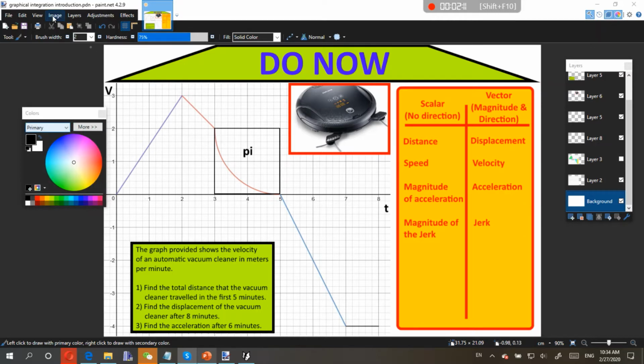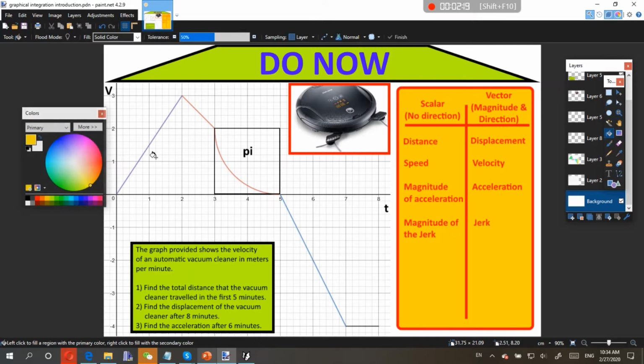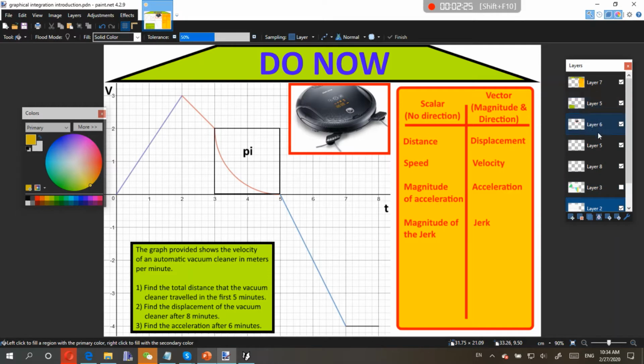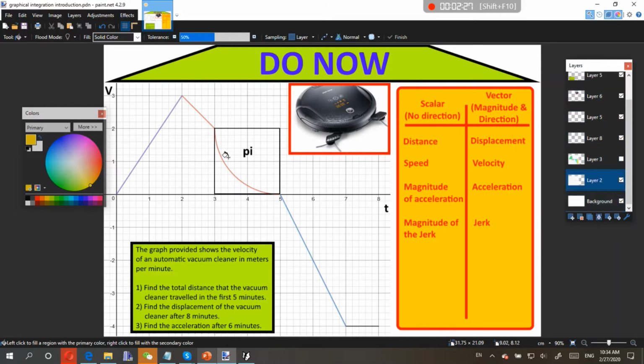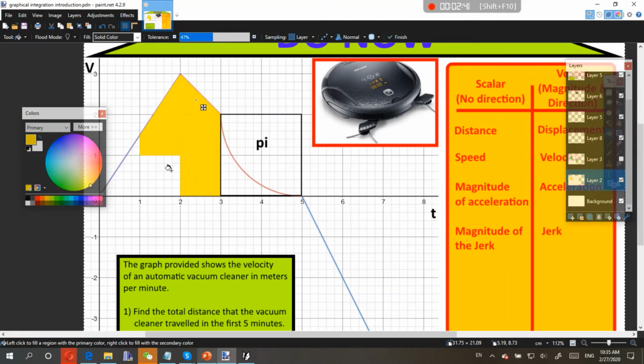For instance, I've got an area here, and another area down here.